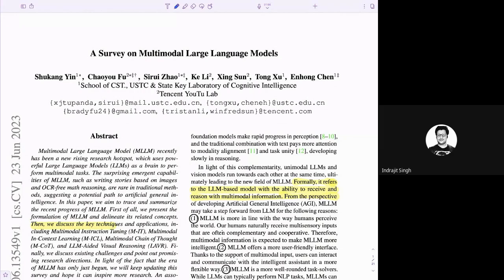But when we talk about prompt engineering techniques, there are so many sophisticated techniques coming out, and one of the things is that multimodal is the way you provide the input, but there could be a more sophisticated way.